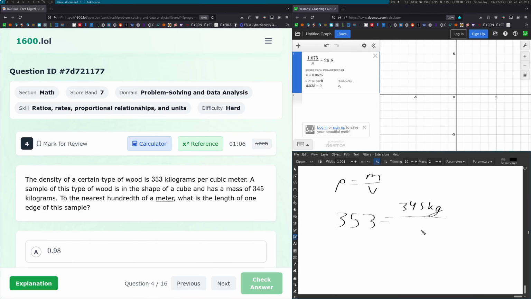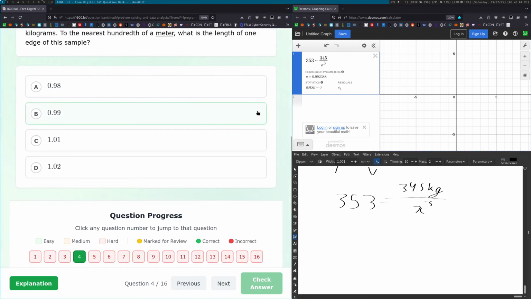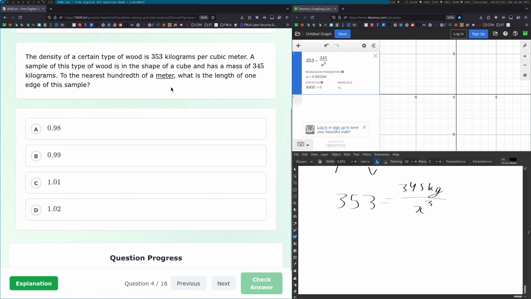So the volume of a cube is going to be x cubed, and we just solve from there. 353 equals 345 divided by n cubed. Okay, and to the nearest hundredth, this is just going to be 0.99. Correct.